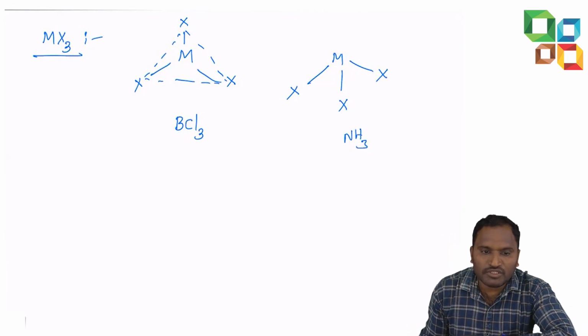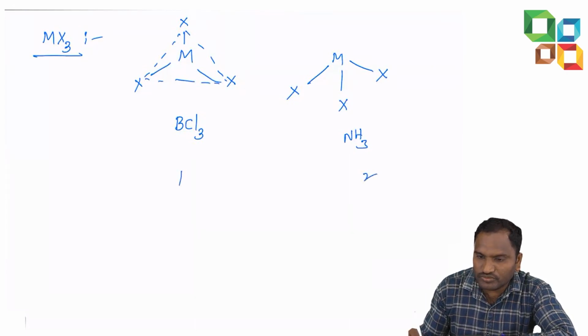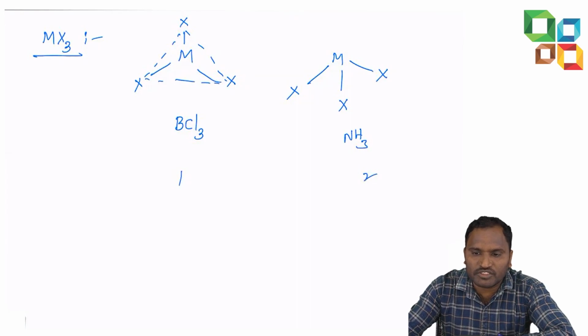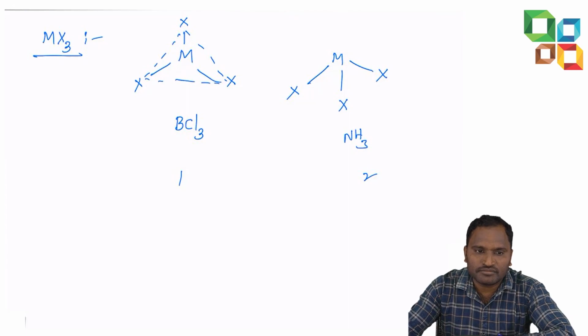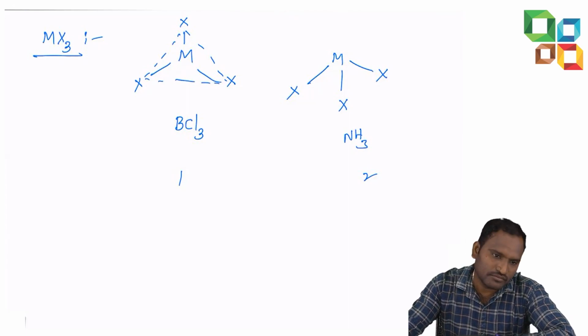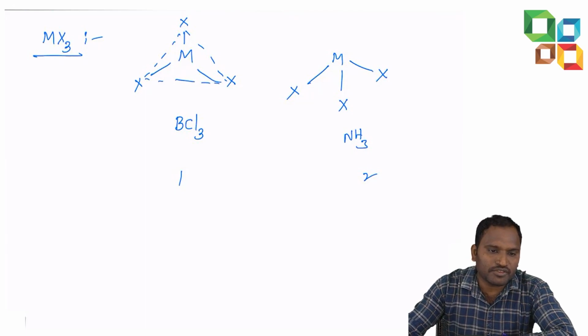NH3. In which case is dipole moment equal to 0, out of 1 and 2, students? Observe the structure and tell me. Which case has a symmetrical arrangement? Avani, very good. Correct answer. Tripti, correct answer.